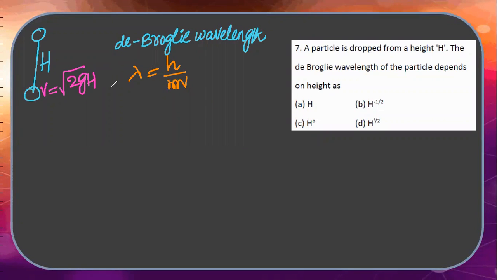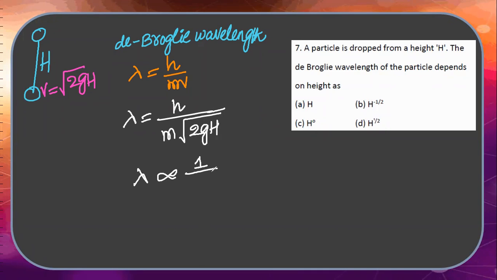In the place of this v, we'll substitute the square root of 2gh. Therefore, we'll get that lambda is equal to h divided by m into square root of 2g into capital H. So the lambda is inversely proportional to square root of H.